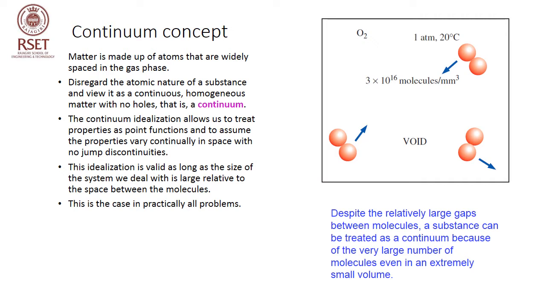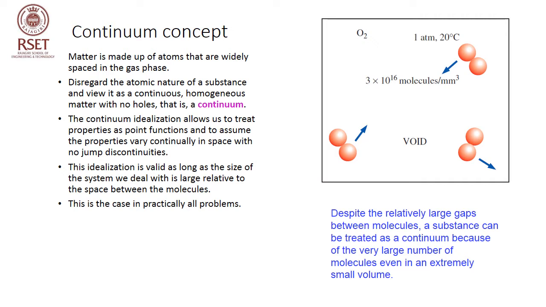But if the length scale of the system we take into consideration is very much higher than the mean free path, then the atomic level, or in other words micro scale, activities can be neglected, and we can assume the substance is continuous in nature and the property remains the same throughout.